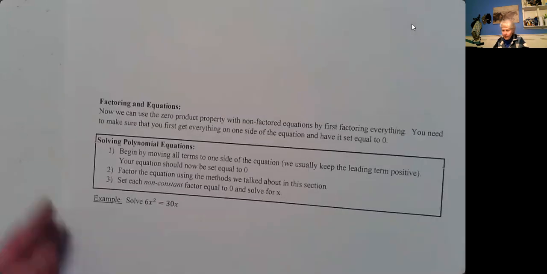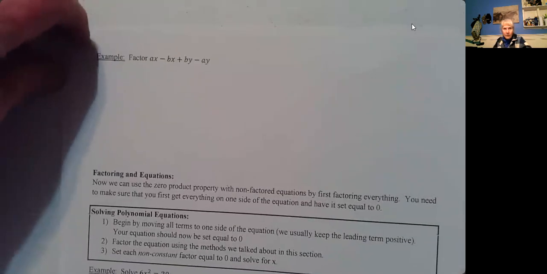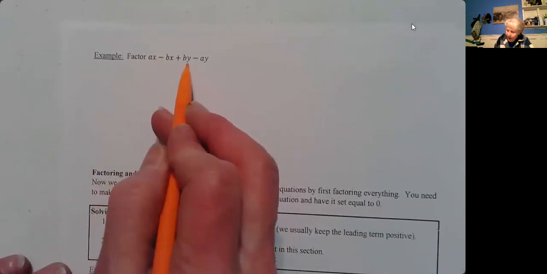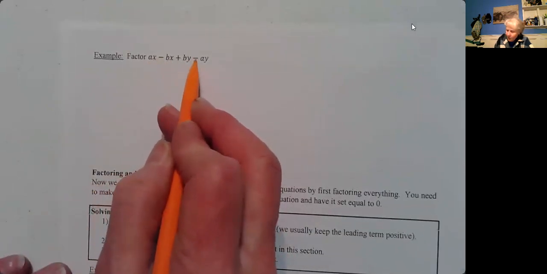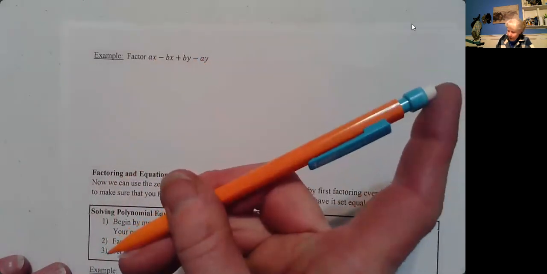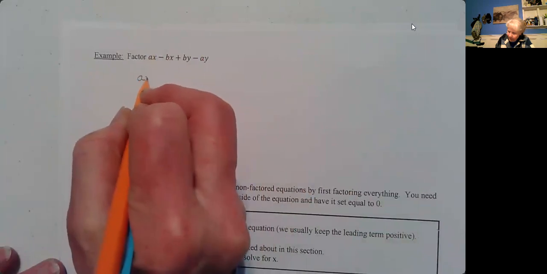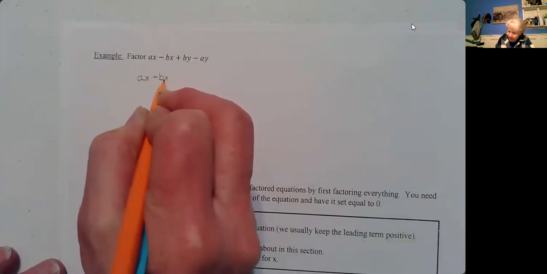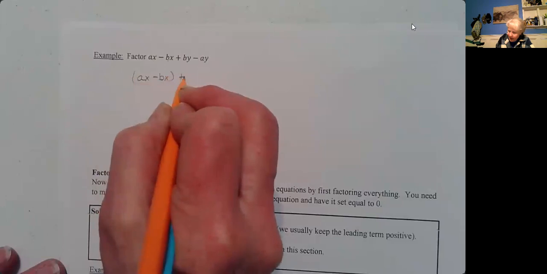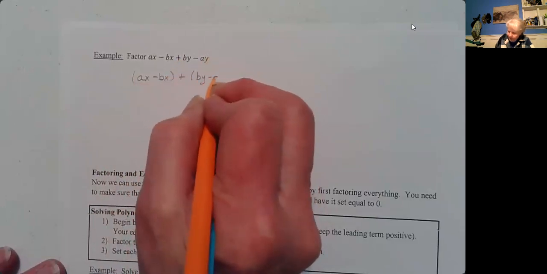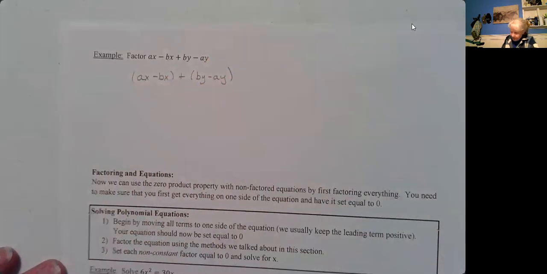Another factor by grouping. Okay, let's try it. ax plus bx, ay minus by. All right, we're going to group the first two together. Plus, it's a plus, so I don't have to change the sign. Okay.